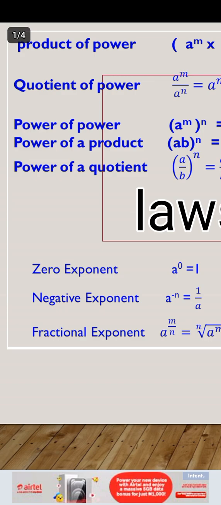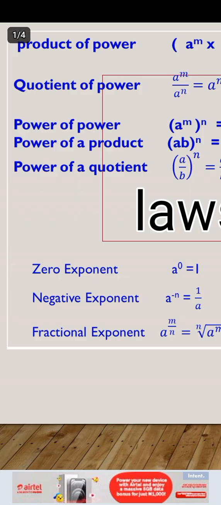How do you multiply numbers that have indices of the same base? That is the product of power. It's talking about multiplication of indices or numbers having the same base and they have indices.